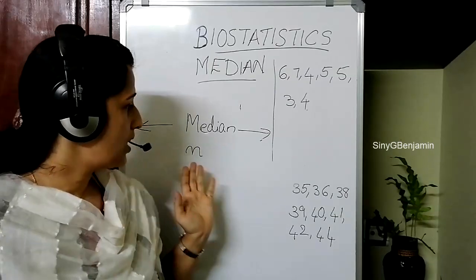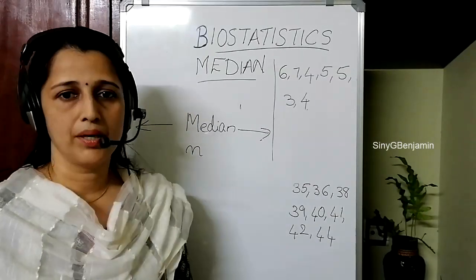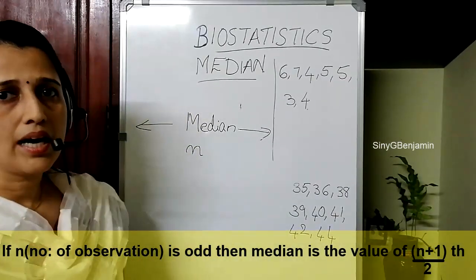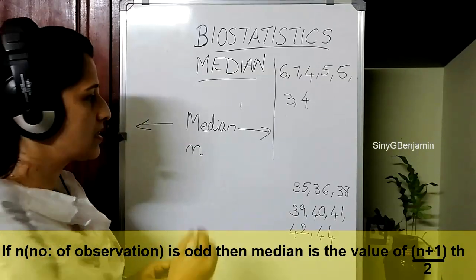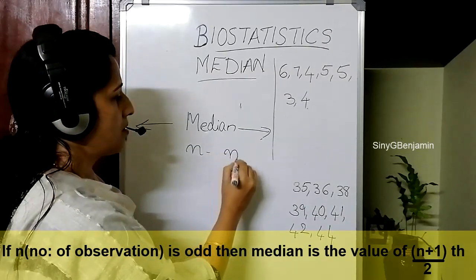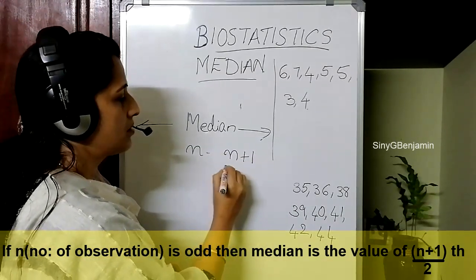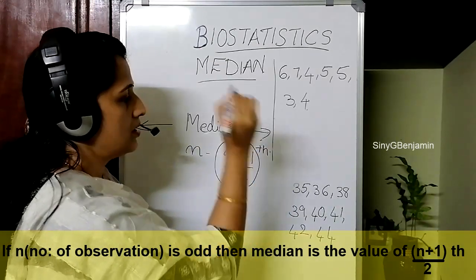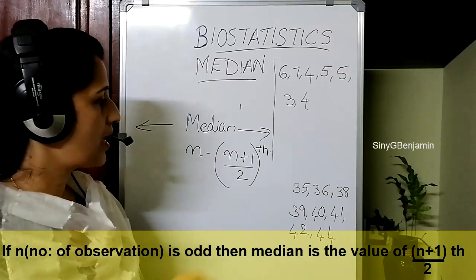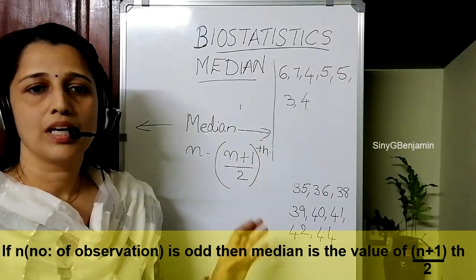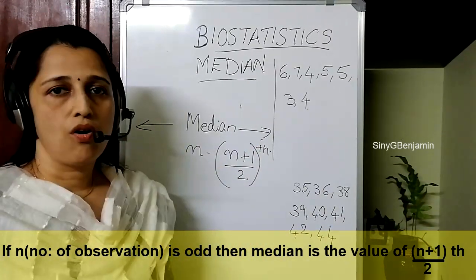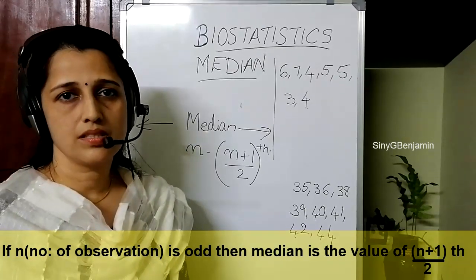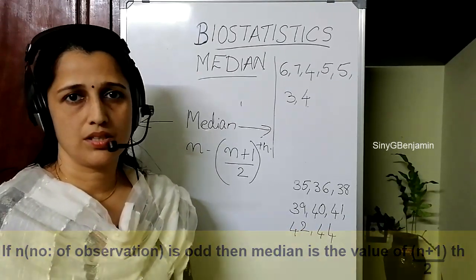If n is equal to odd number, the equation which we apply to find the median is n plus 1 by 2 the item. N plus 1 by 2 item will be the median of observation which is having n number of observation.